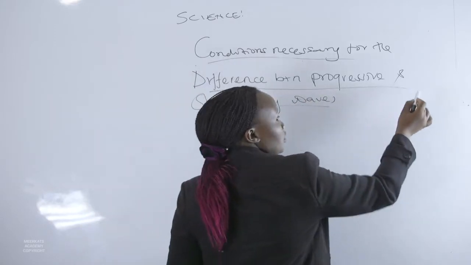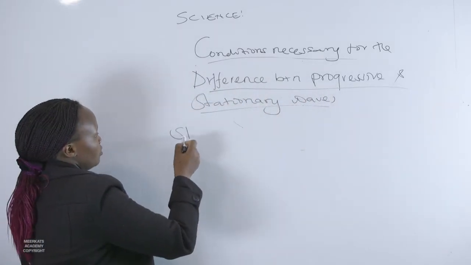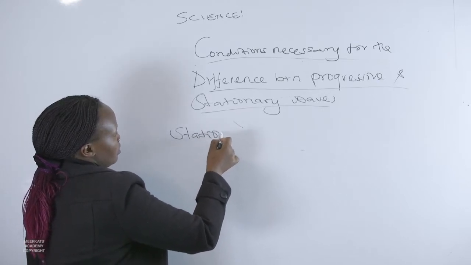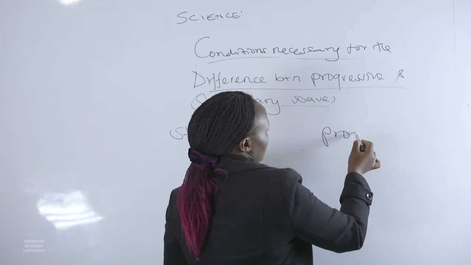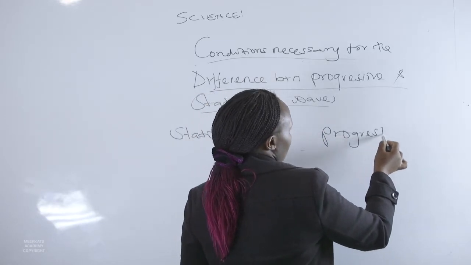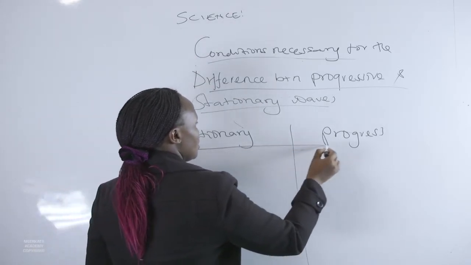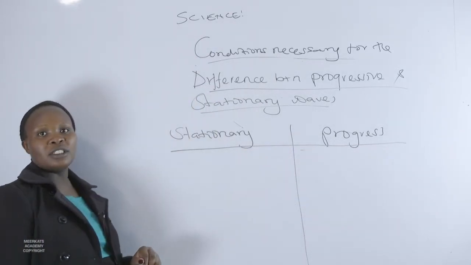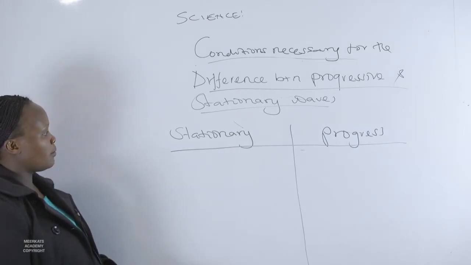And here we are going to tabulate them so that on one side we have the stationary and on the other side we have the progressive. Now we have discussed the two. We need to find out how different they are from each other.